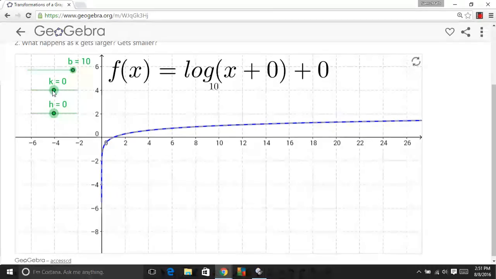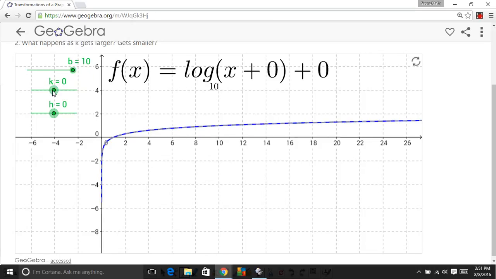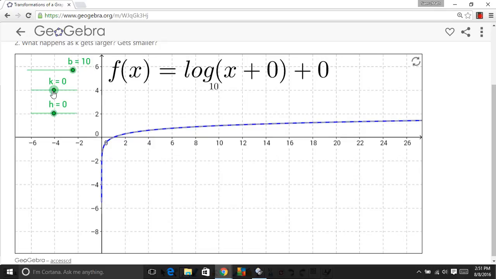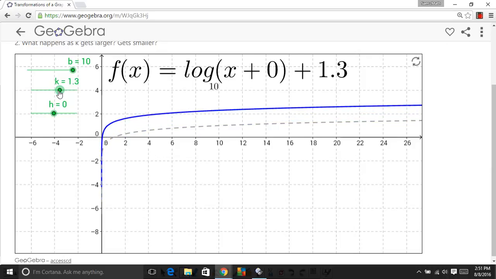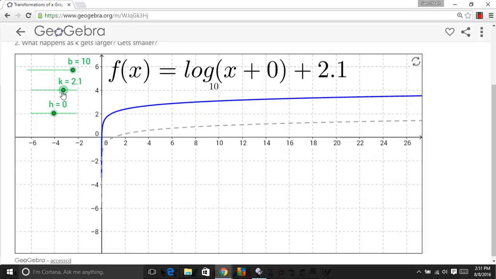Notice what's going to happen to the graph as we add a number outside the parentheses. The blue is the original graph, and notice what happens when we start adding numbers outside the parentheses. Look at the right, it's increasing. It goes 1.4, 1.7, 2.